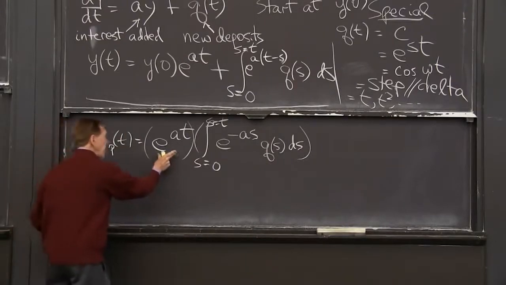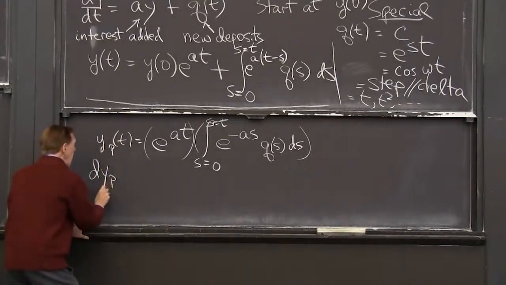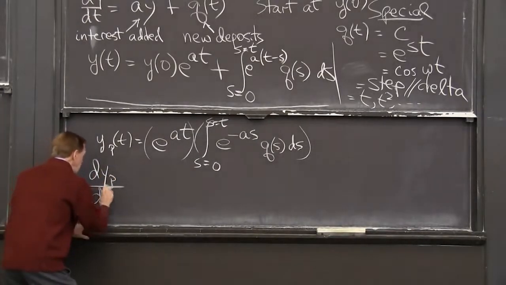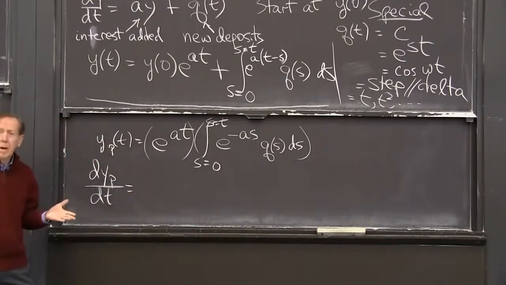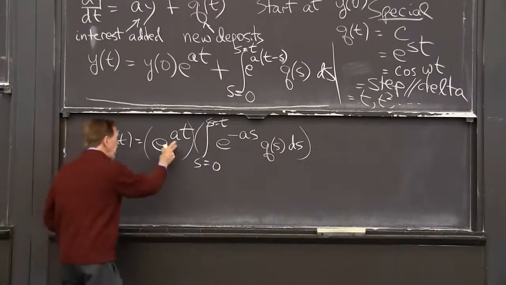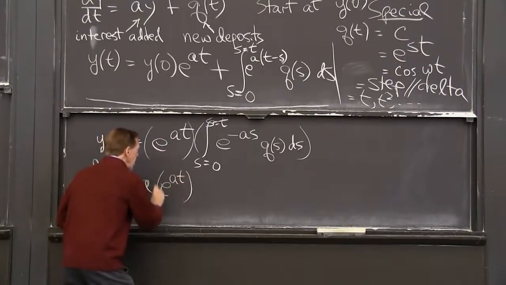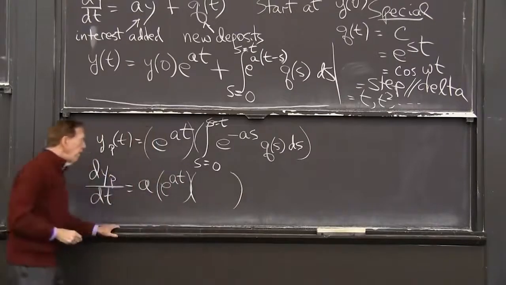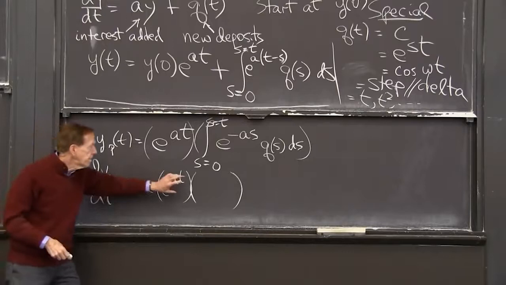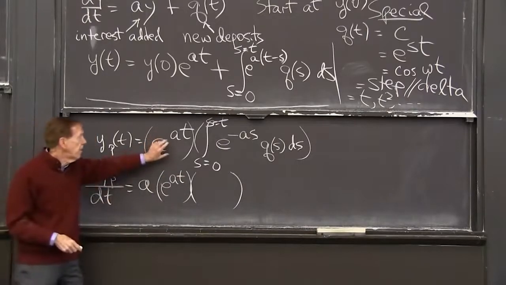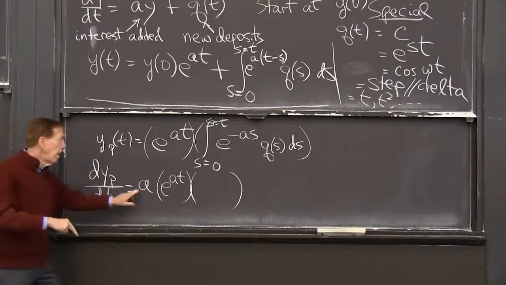So now I'm computing dy dt by ordinary calculus. The derivative of the first term is a e to the at times the second term. That's just ay, a times the y that we had before, because the derivative of e to the at by the chain rule brings down an a.